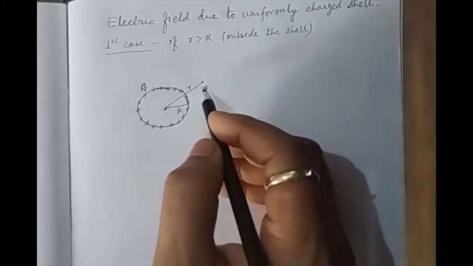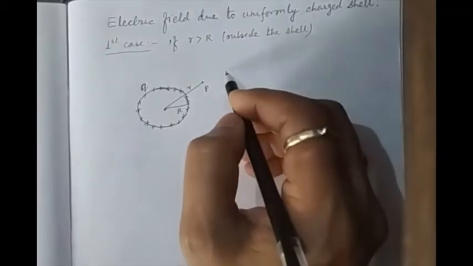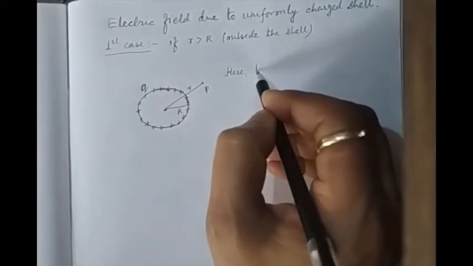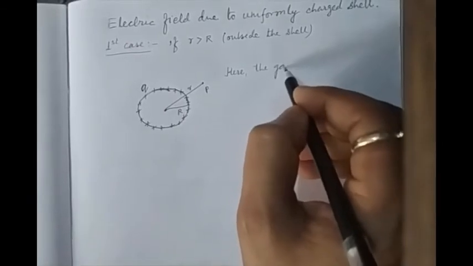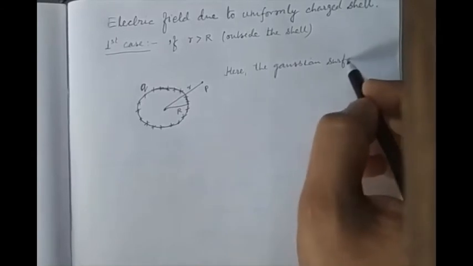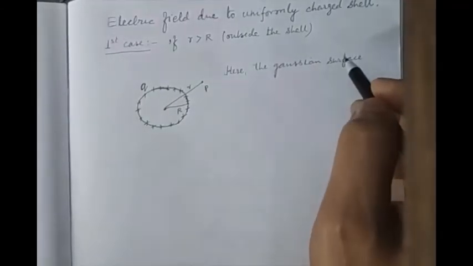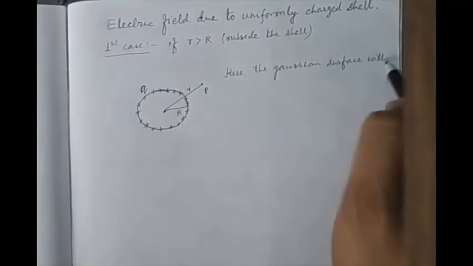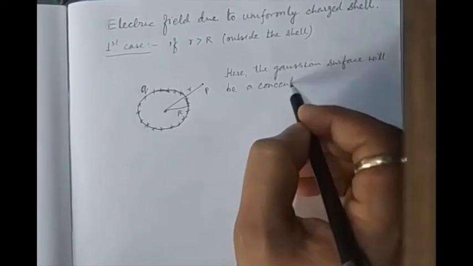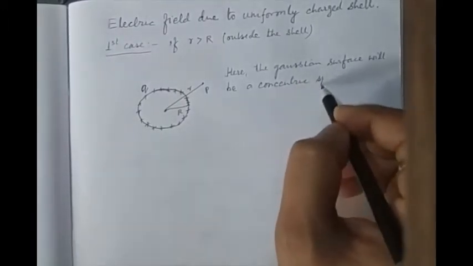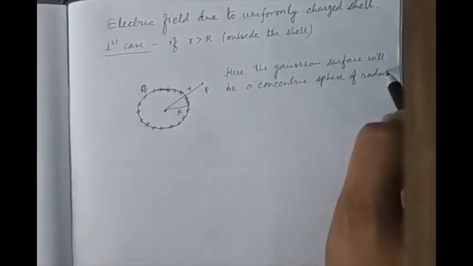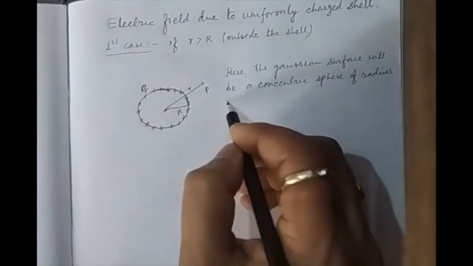Here the Gaussian surface will be a concentric sphere of radius r.